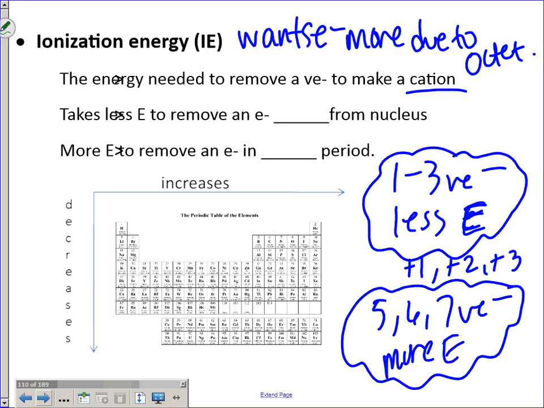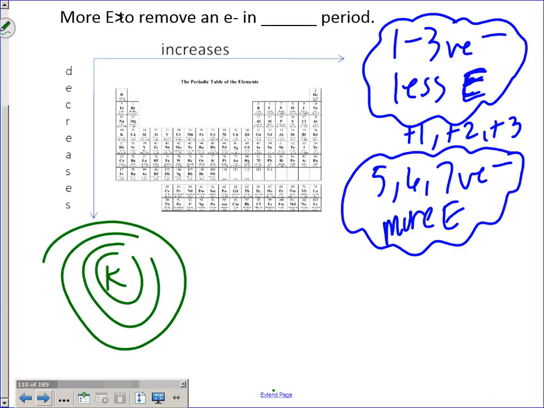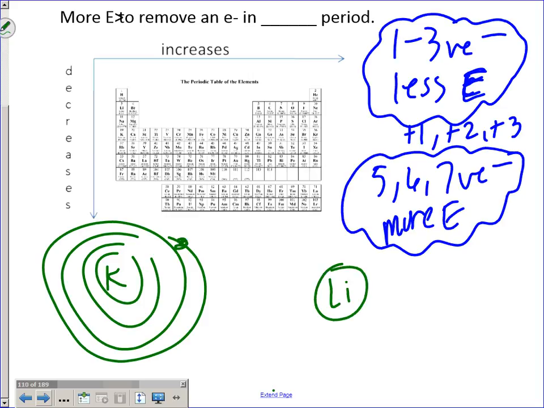So in terms of that, that's based on our valence electron count. Then sometimes you have to compare based on distance from the nucleus. Thinking about our whole attraction thing, I think Omar was my one showing the shielding effect. Do you think it's easier to take an electron from potassium, which has 4 shells, or from lithium? Who's holding on to its electron more?